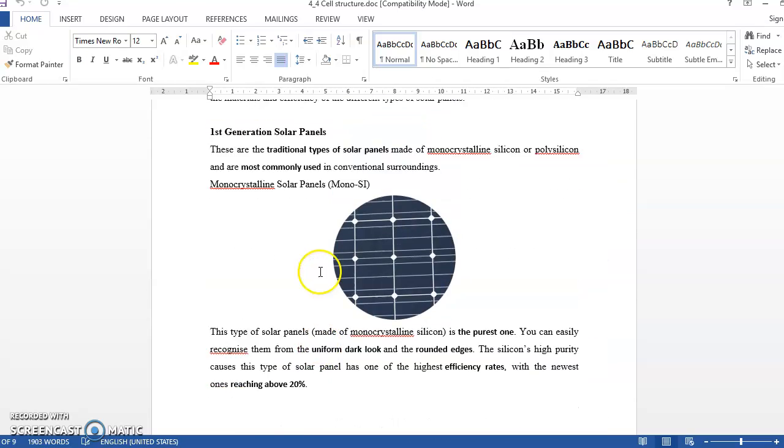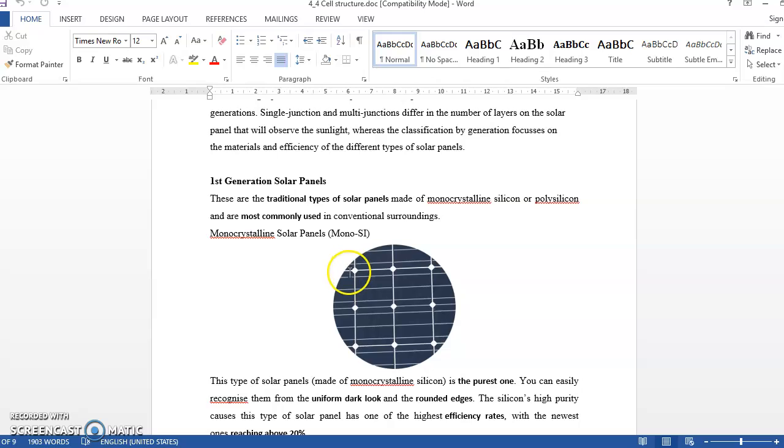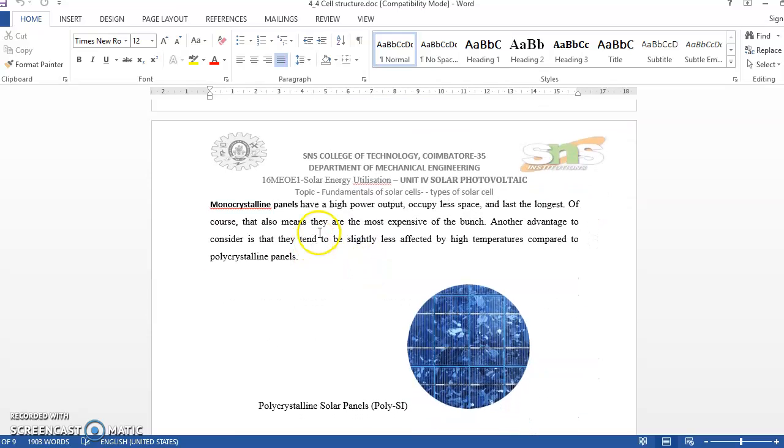For monocrystalline, you can see circular ends dividing the individual panel, whereas polycrystalline has rectangular or square-shaped individual panels, which differentiates monocrystalline and polycrystalline panels.